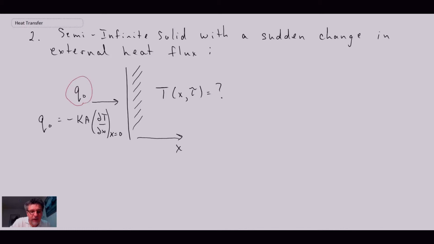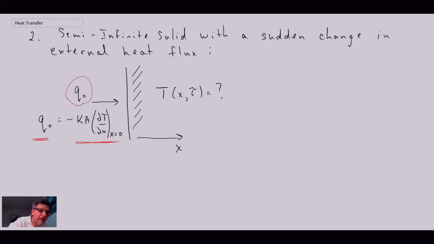It could be an electric resistance heater, maybe you shine a laser on it, radiation, anything like that, that gives you a heat flux on the surface. That is going to be equal to, using Fourier's law right inside of the surface, conduction inside of the surface.